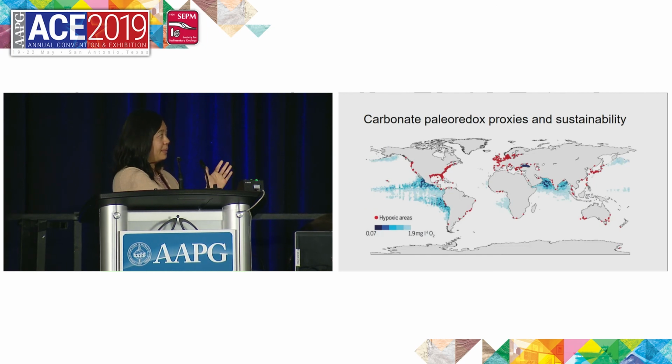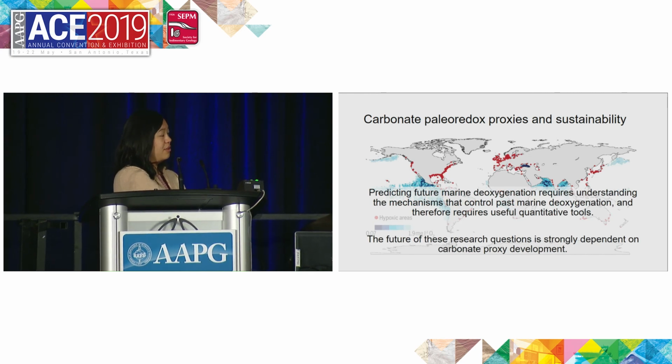Okay, so I want to take a step back and connect back to sustainability. Again, to understand what might happen to the oceans on longer timescales, we really have to look at examples in the past. And so there's more effort in using these proxies and looking at changes in oxygenation deeper in time, understanding the mechanisms by which you can get periods of increased anoxia.